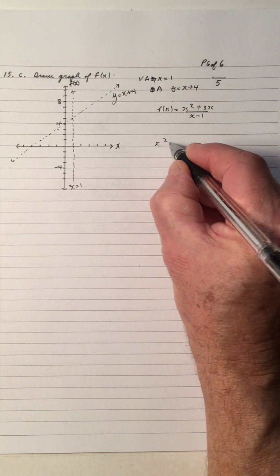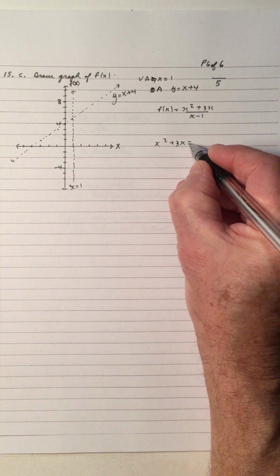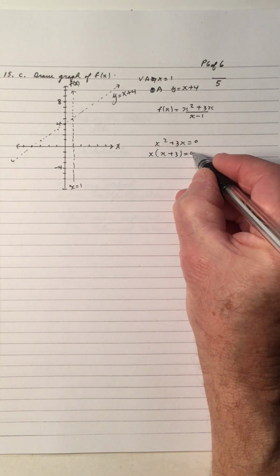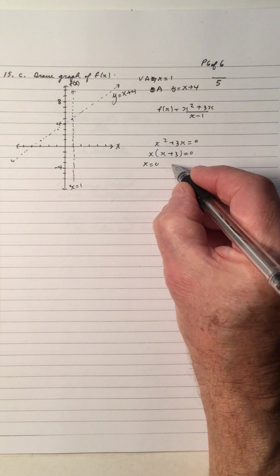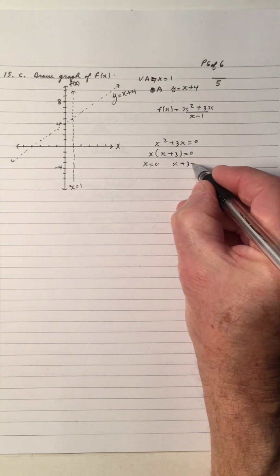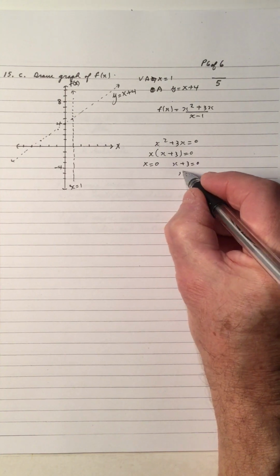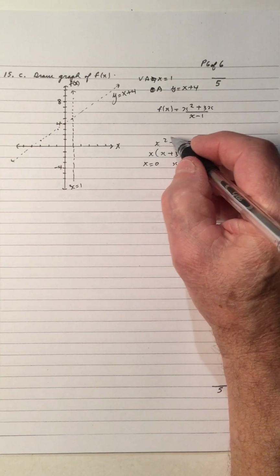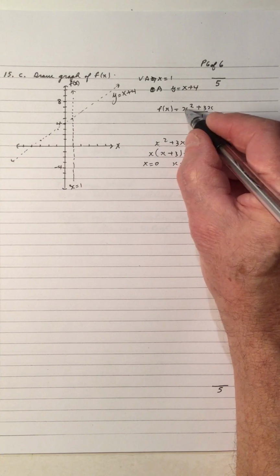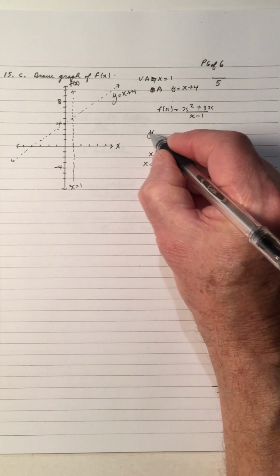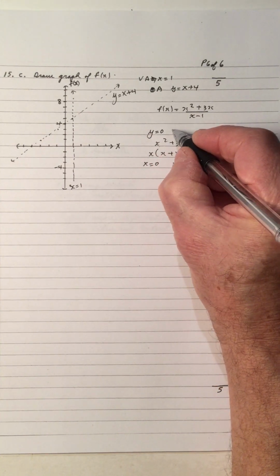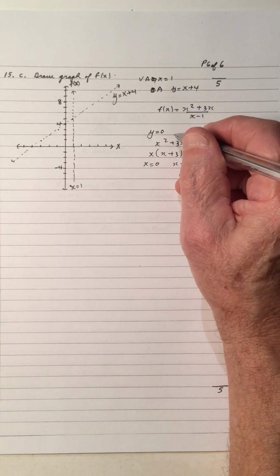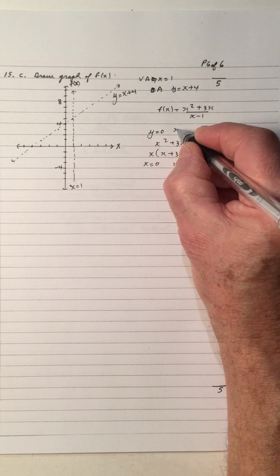So we take x squared plus 3x equals 0. X outside of x plus 3 equals 0. So x is 0, or x plus 3 is equal to 0, so x is negative 3. What we're doing here is saying that y equals 0, which means we're finding the x-intercepts.